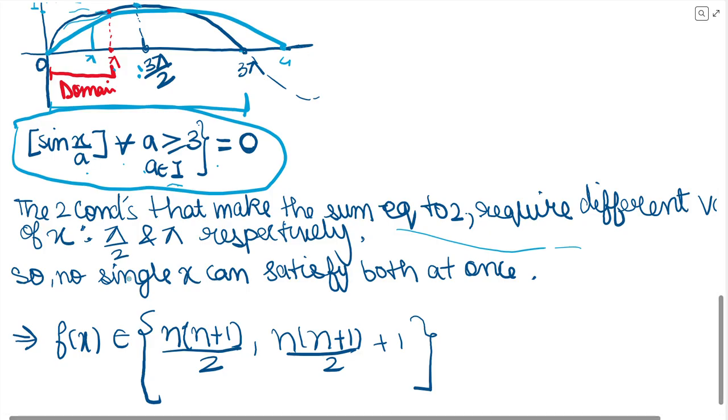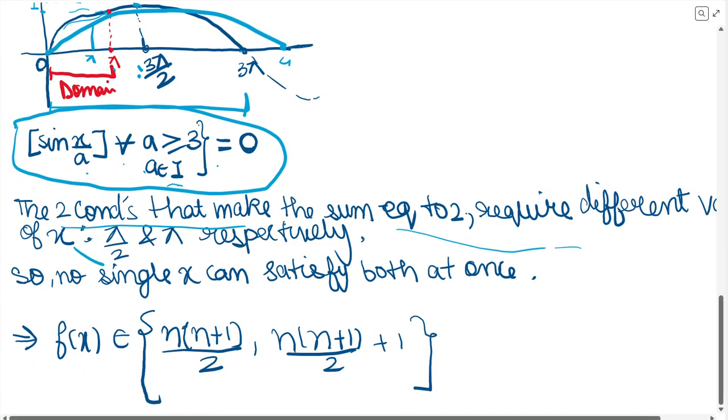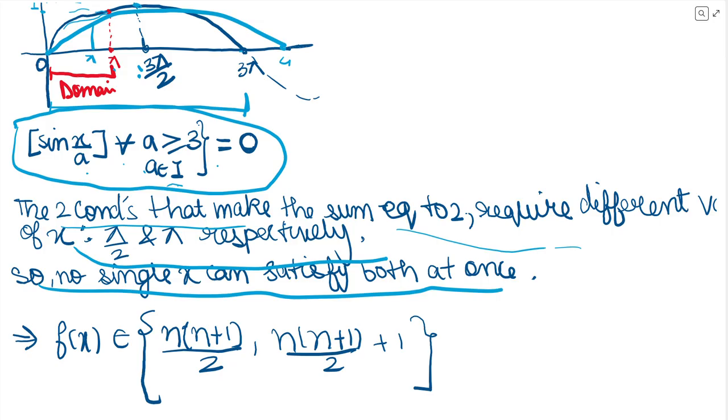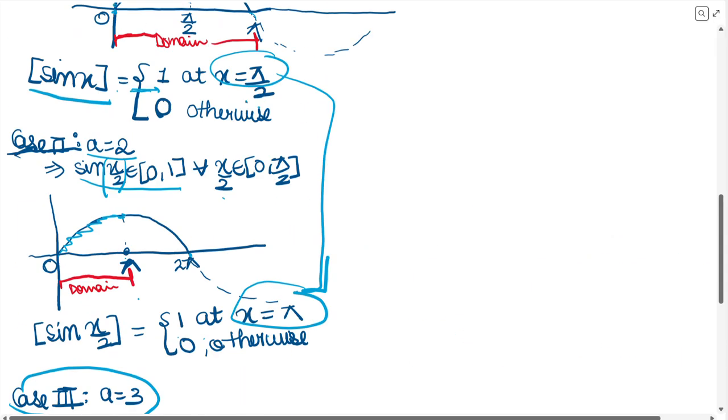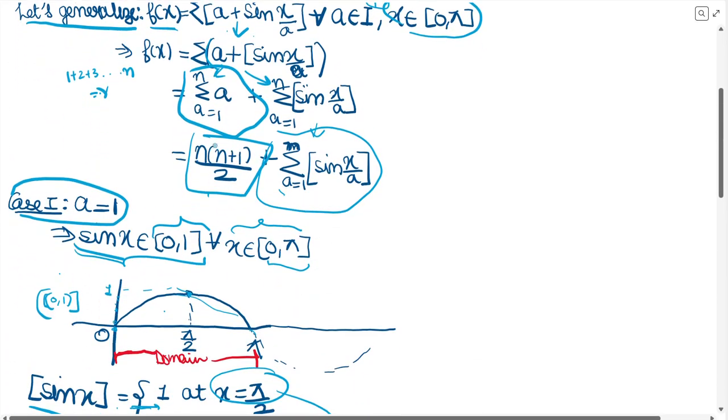So that's what this is saying: the two conditions that make the sum equal to 2 require different values of x, pi by 2 and pi respectively. So there is no single x that can satisfy both at once, right? That means we cannot write this. Initially we found the value of the first entity as n into n plus 1 by 2.